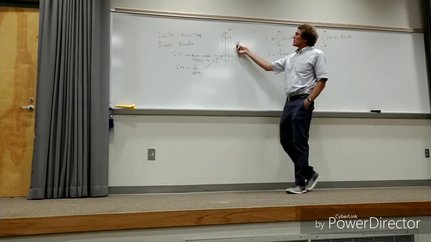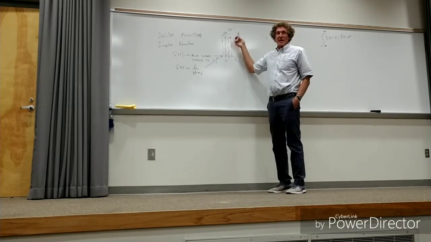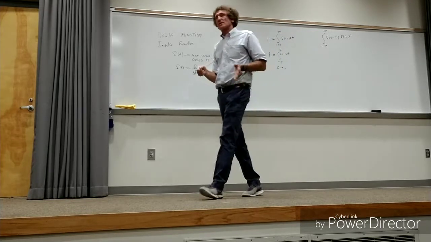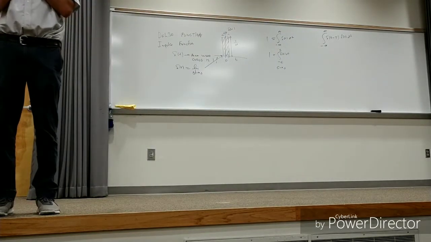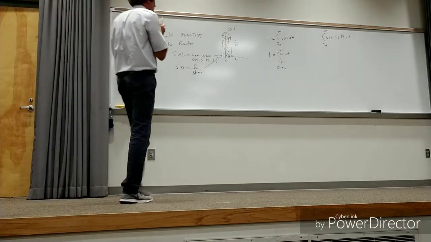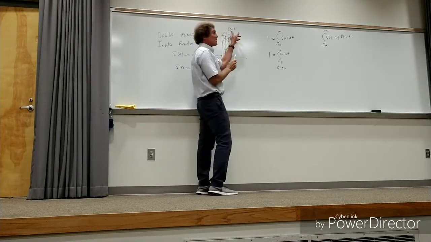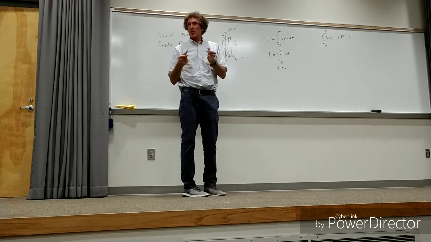The spike occurs when t is 0. At t equals 0 is where you get an infinite height and an infinitesimally small width. It means the argument here, whatever is there, in this case it's t, when that argument goes to 0, that delta function, I say, turns on. Do you all see that, class?